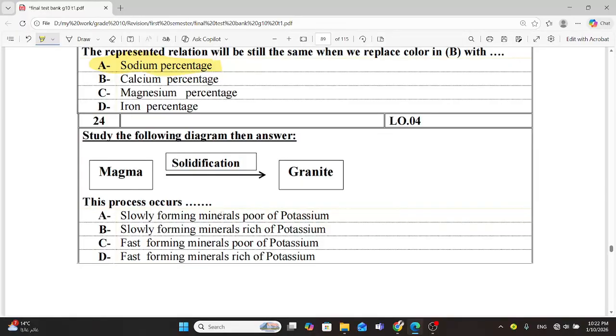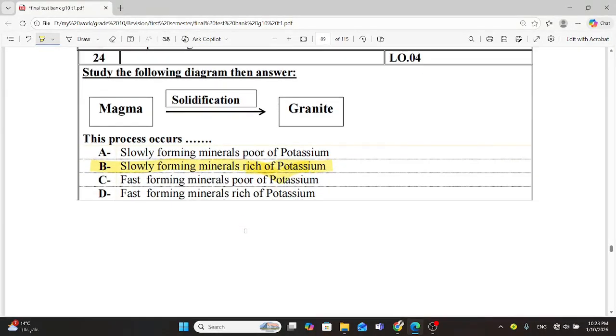This process occurs slowly, forming minerals rich in potassium. So, forming slowly, minerals rich in potassium. Okay.